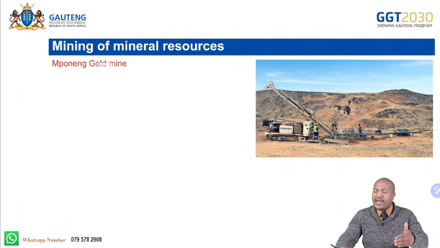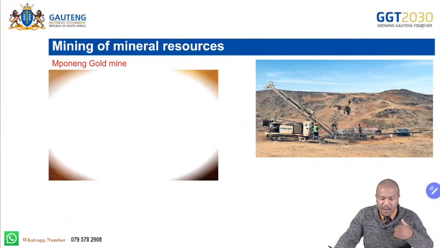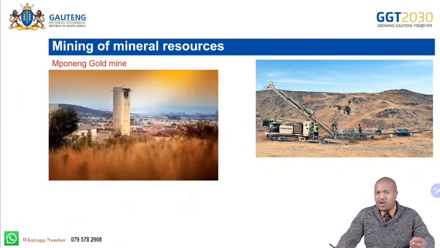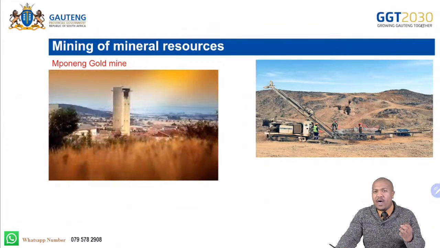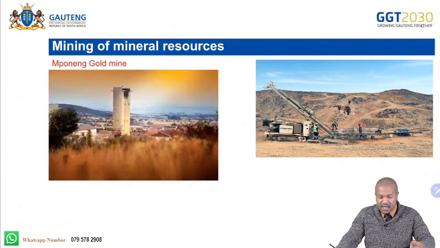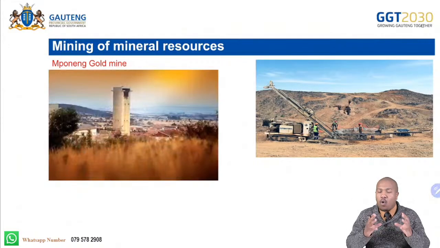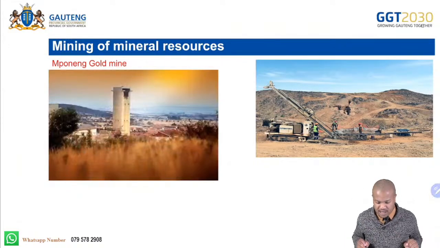Another example is the Mponeng gold mine, also found in our very own province, Gauteng. I also like the word Gauteng because it is a Sotho word that means in gold, so Gauteng is a city of gold. This is where we find most gold mines. Are we together?